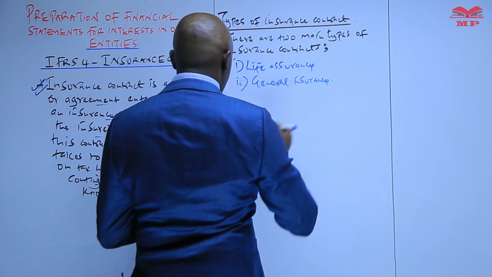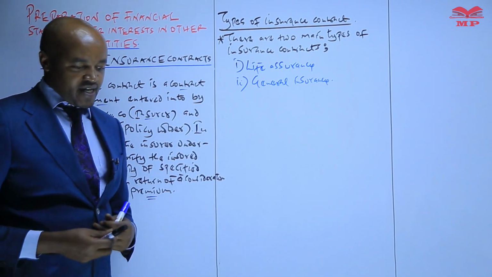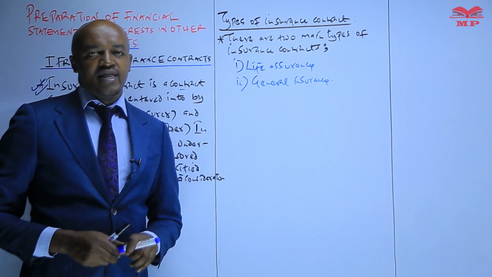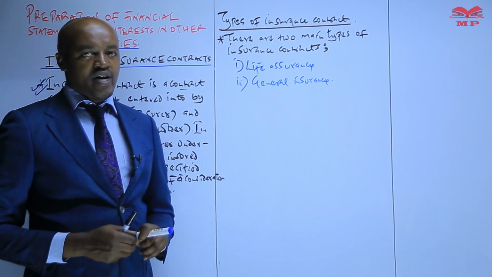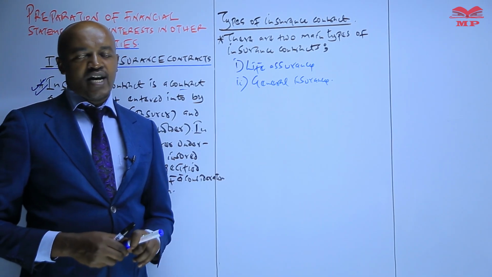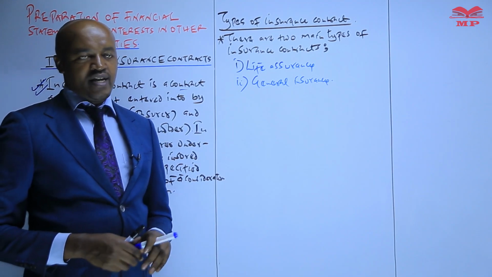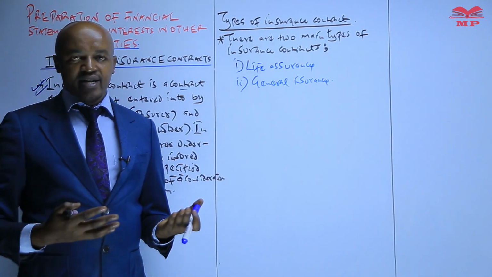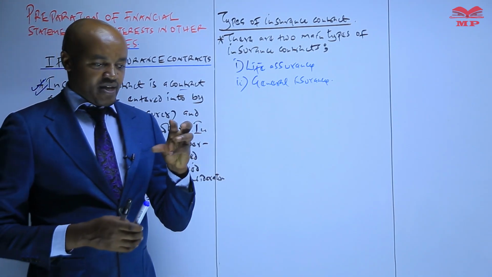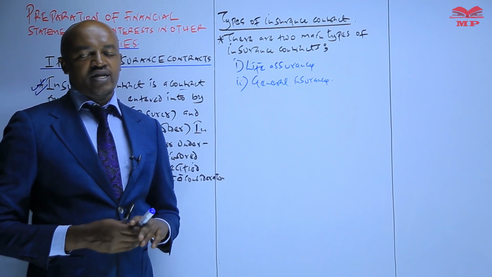When we talk about life assurance, this is basically a type of insurance contract which guarantees the policy holder, or the insured, a certain amount of money upon attaining a certain age, or upon death, which may occur earlier. So in this case, the policy holder will take a policy with an insurance company.